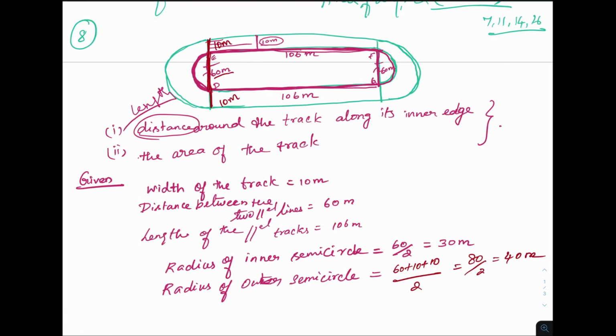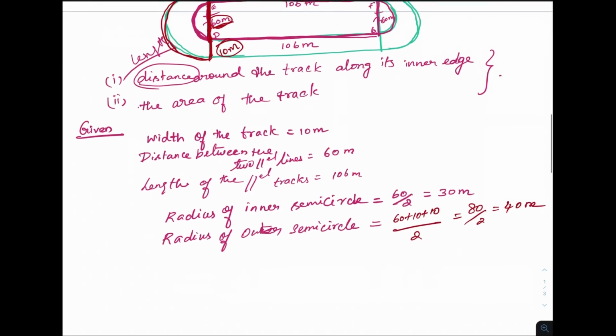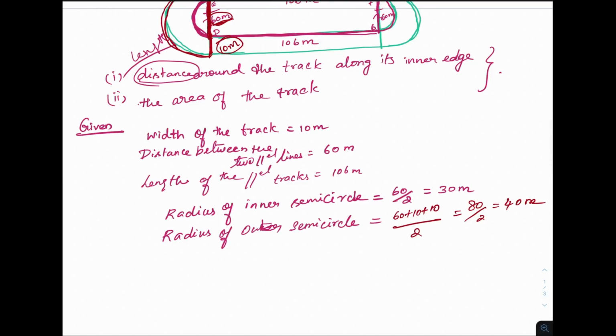This total line gives the diameter of the outer semicircle. So this is for the outer semicircle.